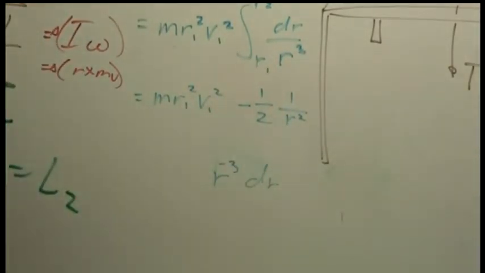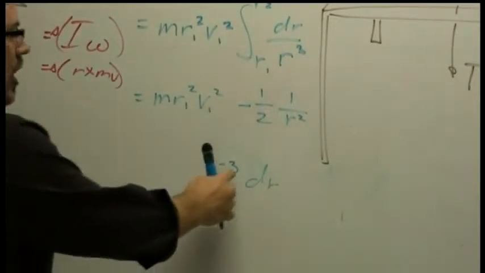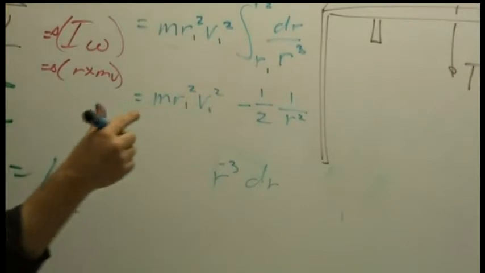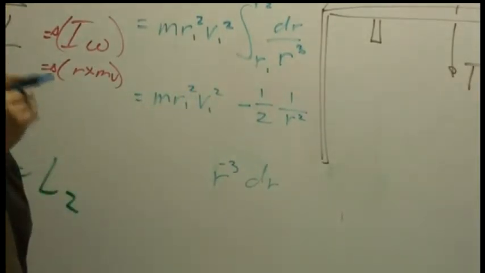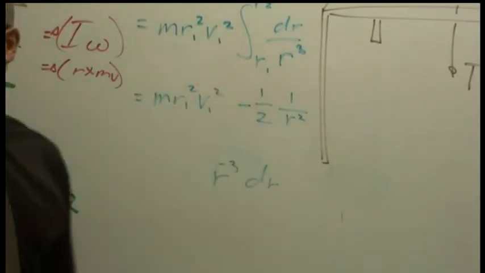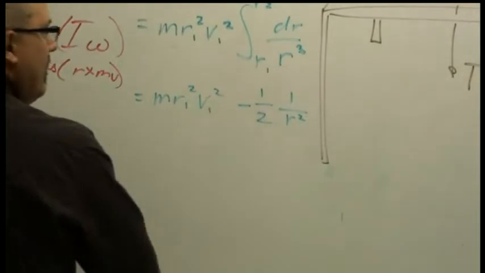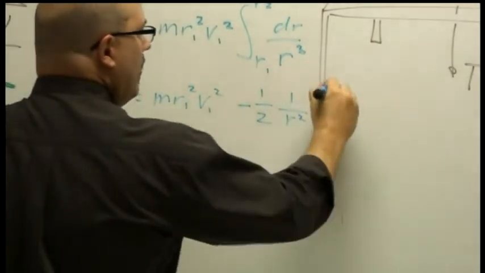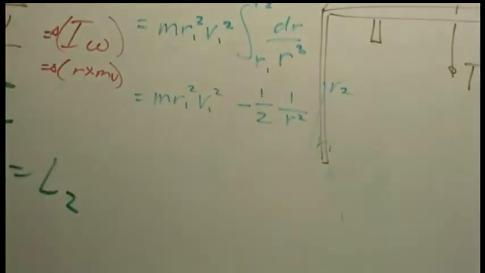So you add 1, divide by whatever that number is. This number, you add 1, it becomes negative 1, and then you divide by negative 2, right? Okay. So you end up with this, but this is from R1 to R2, right?